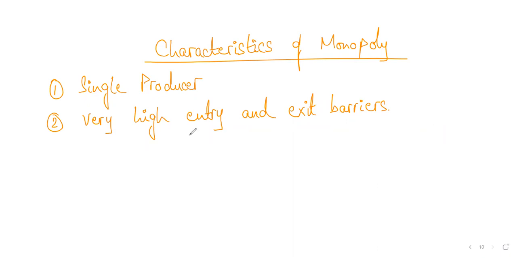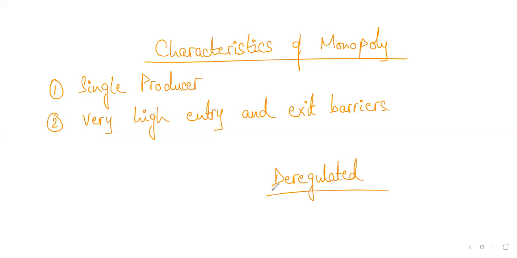And we already know what entry barriers mean. The simplest real life example I can give you is that Pakistan Railway is owned by the government of Pakistan and they haven't deregulated the market, deregulated meaning they haven't allowed private firms to enter the market. That's why you will not find any other firm in the market.